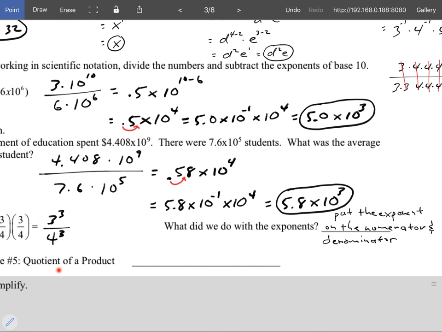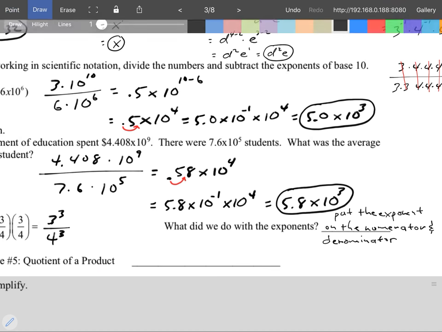So then if I gave you a general rule for that one, again, they call it a quotient of a product. That seems like that's the wrong name for that. But I'm going to write the general rule for you guys.